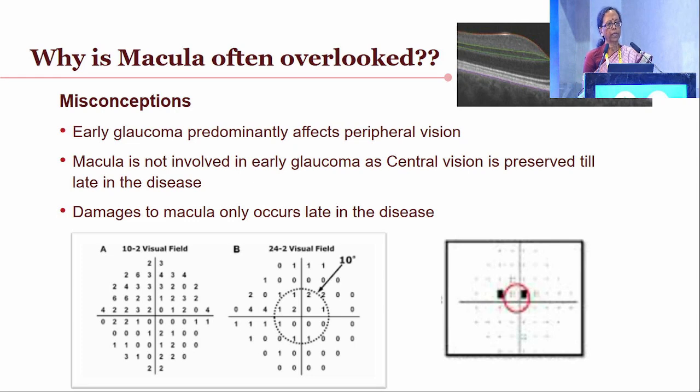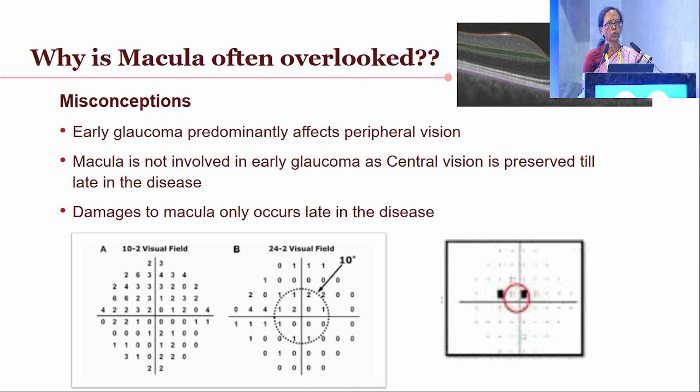We believed that central vision is preserved till late, so it is not affected in the early stage. Actually, that is a misconception, because at the center, it is 6 to 7 layers thick. Till the last layer of the ganglion cells is gone, the defect will not show on the perimetry.